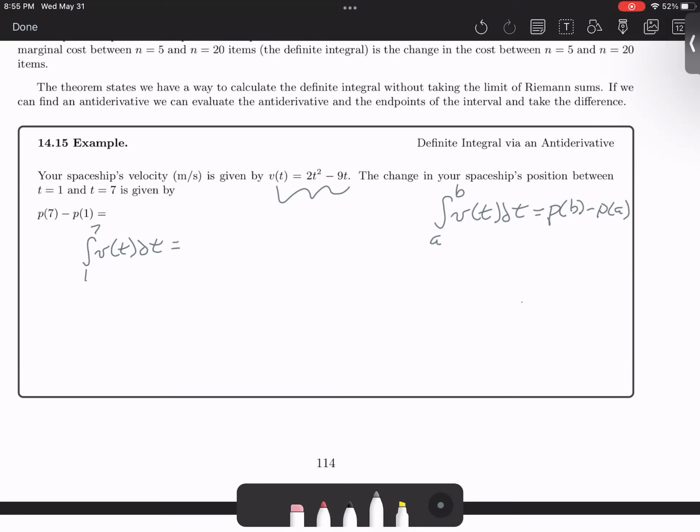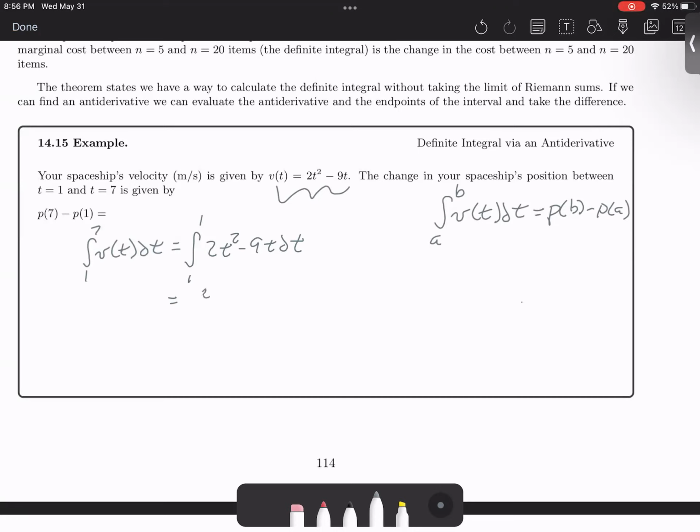Right? And I can do this by finding an antiderivative and evaluating the difference. So let's do this. I want to integrate from 1 to 7. V of t is equal to 2 times t squared minus 9t. All right, we will find an antiderivative.